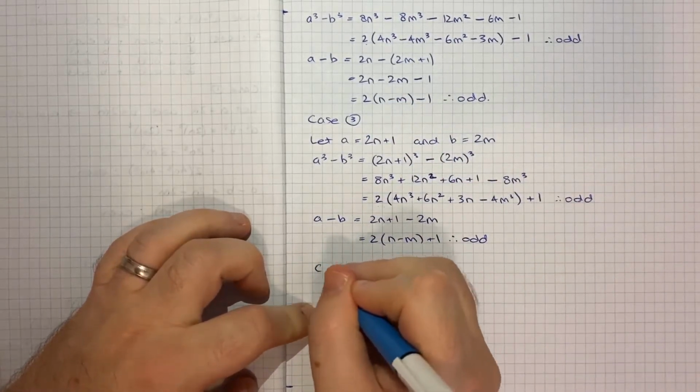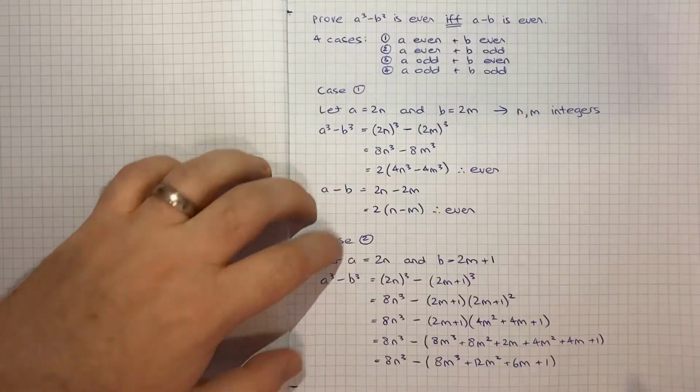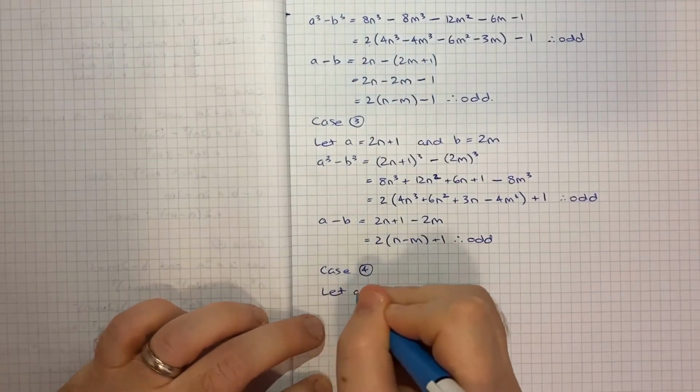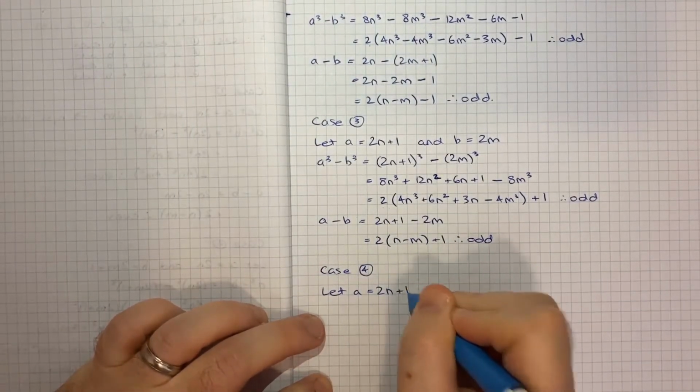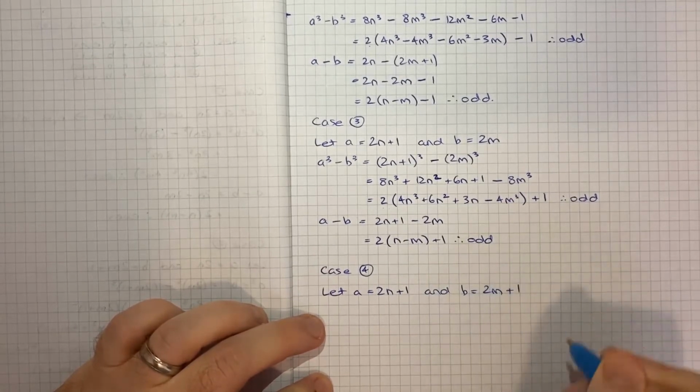Now if we look at case 4, and that's where a and b are both odd, so we'll let a equal 2n plus 1 and b equal 2m plus 1.